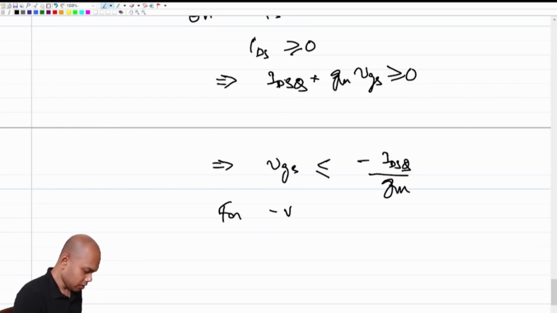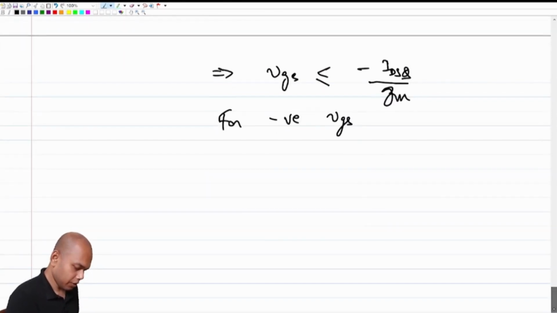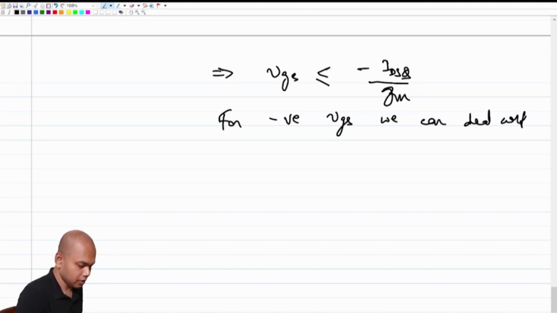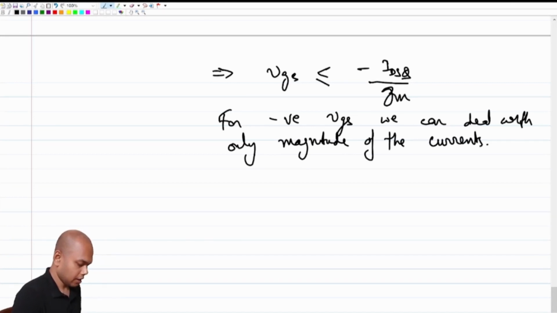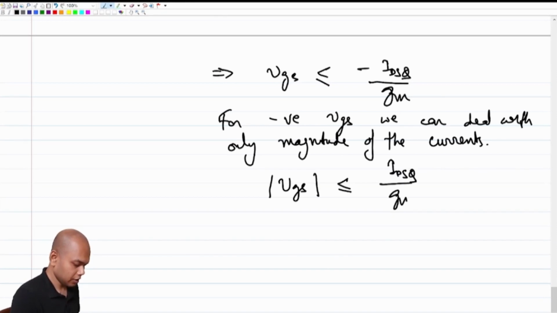So for negative VGS, we have to ensure that we deal with only the magnitude of the currents, and say that the mod of VGS should be less than IDSQ over GM.